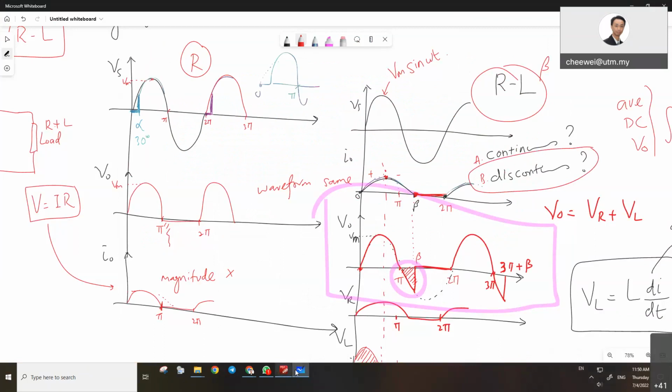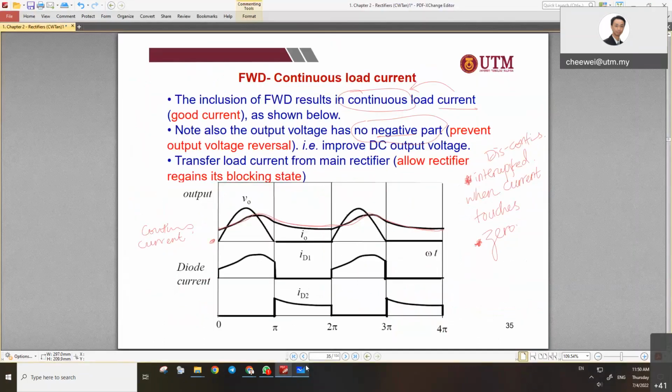So by adding this new friend, which is the FWD, freewheeling diode, there are two implications. Number one, it makes the current continuous. From discontinuous, it becomes continuous. Number two, it eliminates the negative part of the voltage.